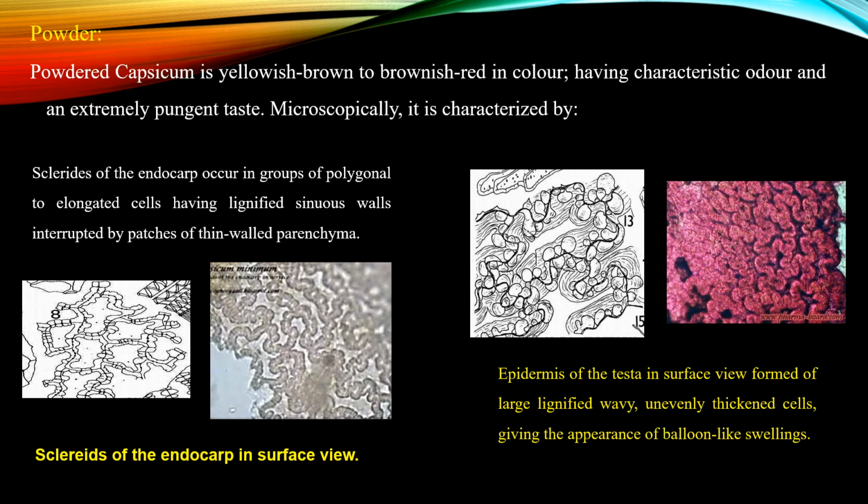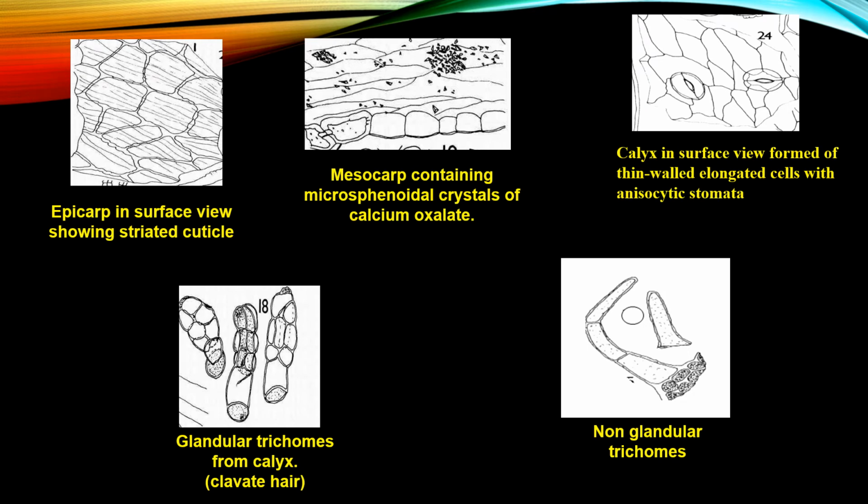The powder also shows fragments of the seed coat, the epidermis of the seed in surface view, formed of large lignified wavy unevenly thickened cells giving the appearance of balloon-like swellings. Epicarp cells in surface view are covered with striated cuticle with large cells. The mesocarp contains microsphenoidal or microprismatic crystals of calcium oxalate, and some cells contain oil globules.